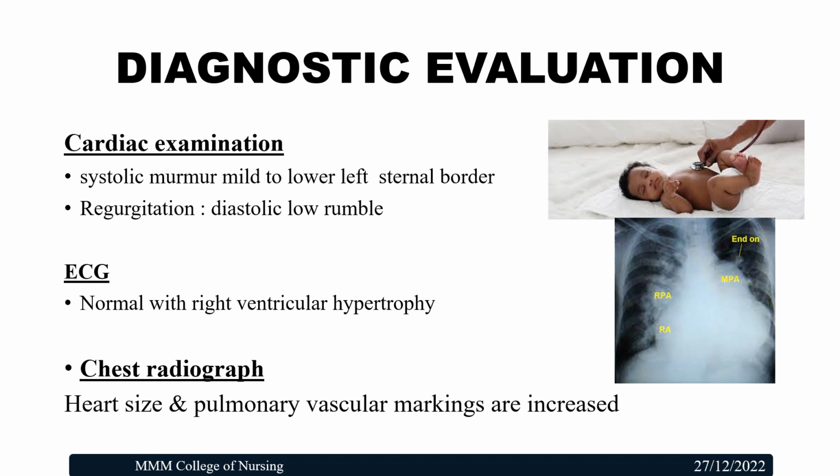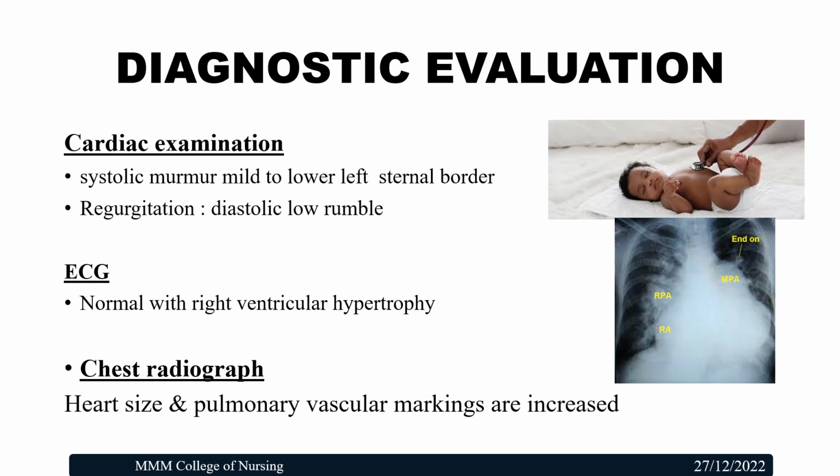Diagnostic evaluation. On cardiac examination, you can see a systolic murmur, mild, at the lower left sternal border, and with regurgitation you can hear a diastolic low rumbling sound. These two sounds you can hear in the cardiac examination.